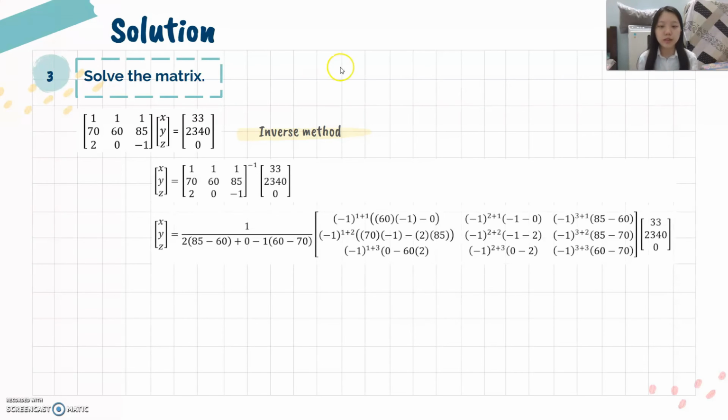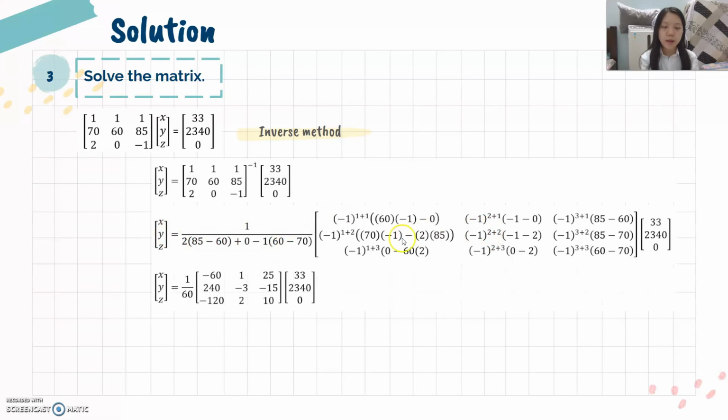So this is the formula of the inverse. After we make the matrix become an inverse, we take row 3 to find the determinant. And after we solve it, we get this.